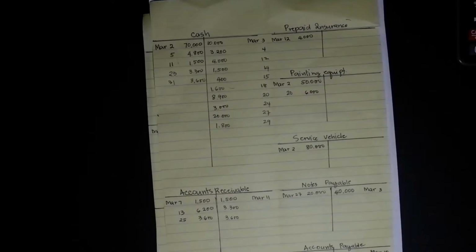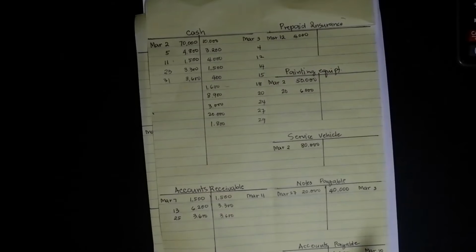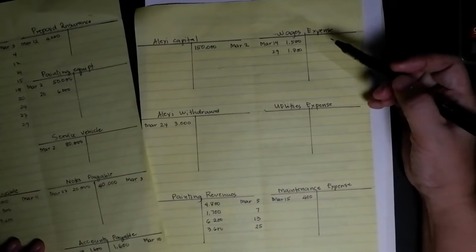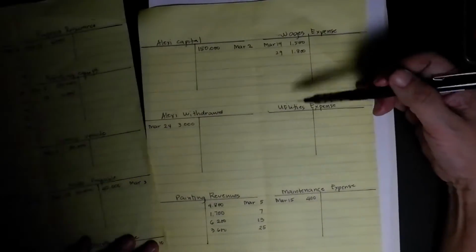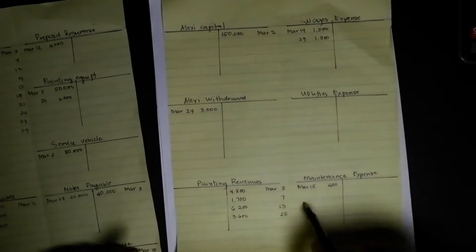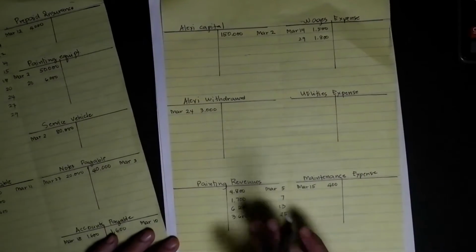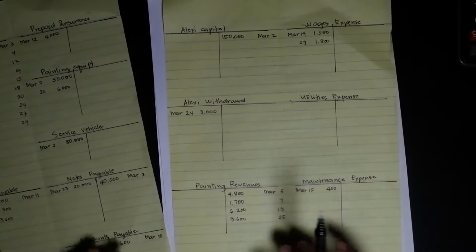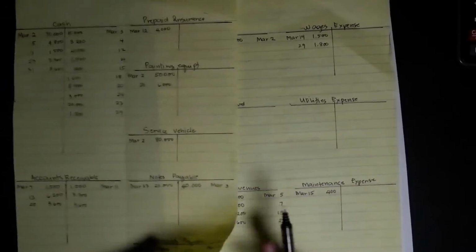But for expenses and withdrawal, it is only debit. That is why for wages expense, utilities expense, maintenance expense, and withdrawal, it is only debit side. While for revenues, capital, or equity, we only have credit posting or credit side.